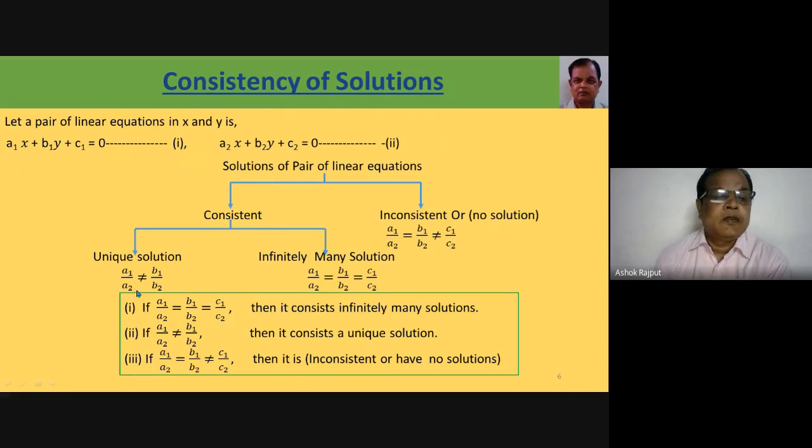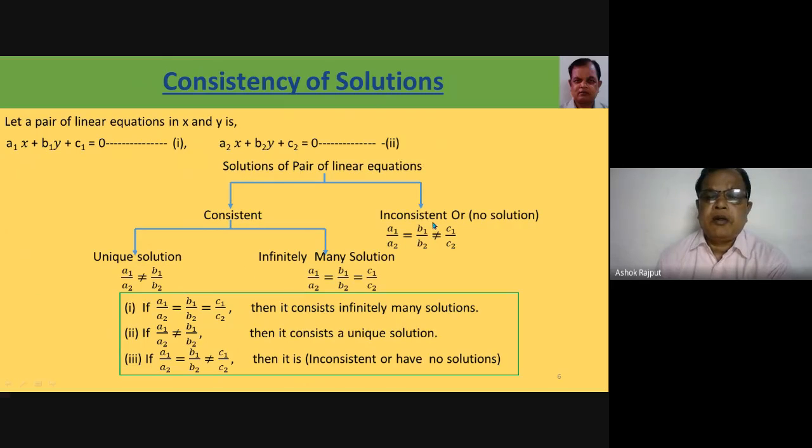Okay. Now, consistent has two types: unique solution and infinitely many solutions. If it is consistent, then we will solve the equation.